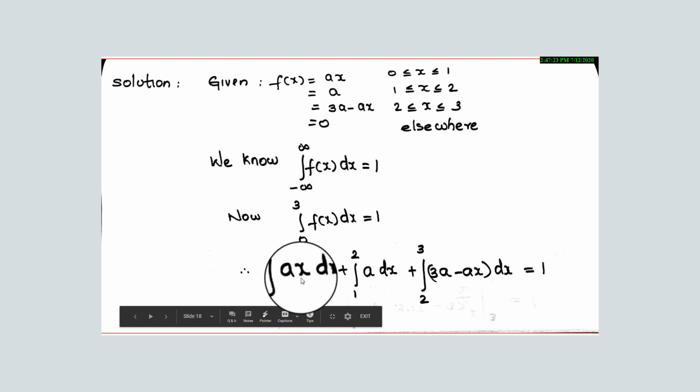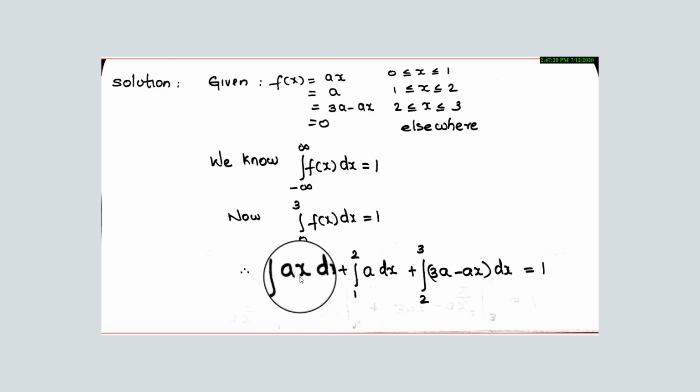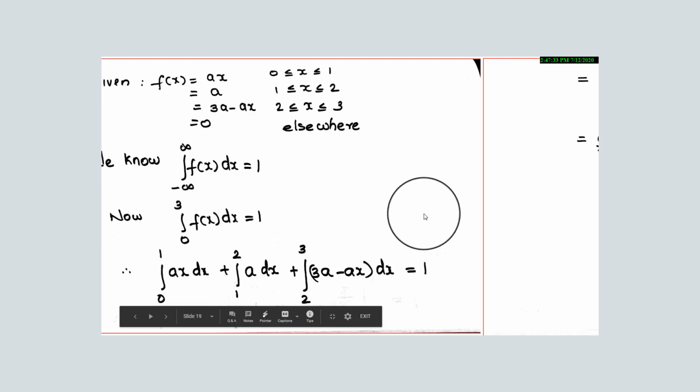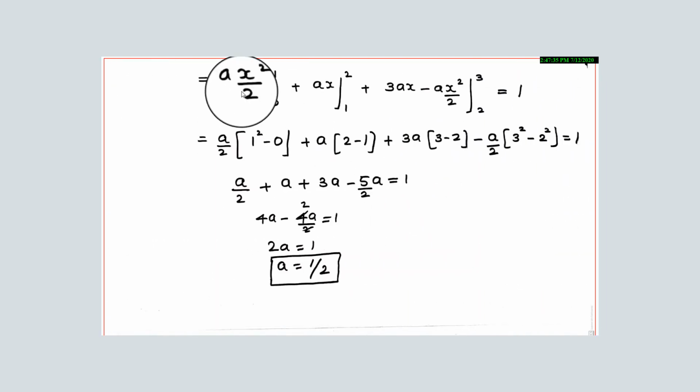So when I take ax, a is my constant value, so I'll take it outside. Integration of x is x square by 2.